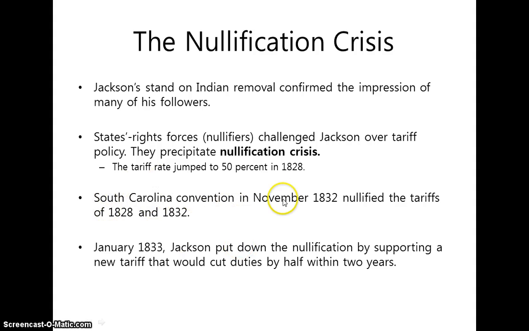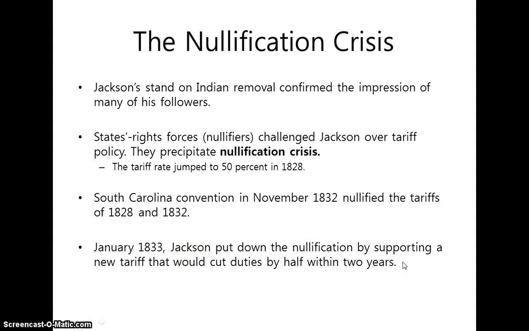When the South Carolina Convention of November 1832 nullified the tariffs of 1828 and 1832, that became like a useless convention because Jackson, by supporting a new tariff, put this down. And Jackson has won the battle against the states' rights forces, and nullifiers divided.